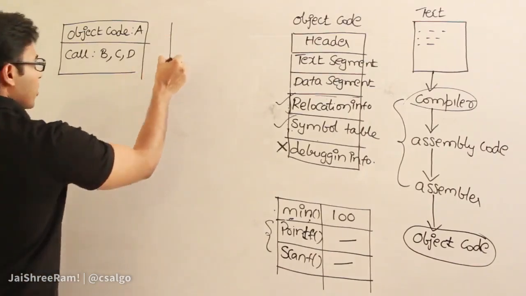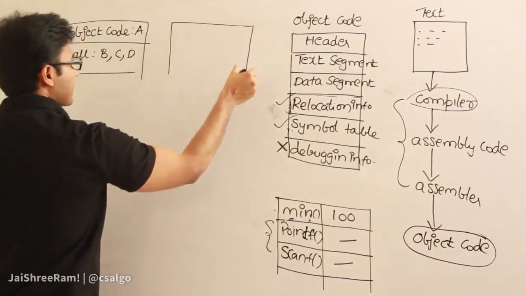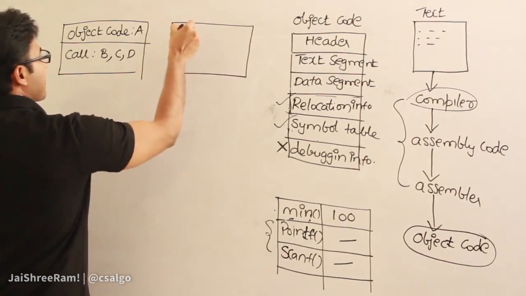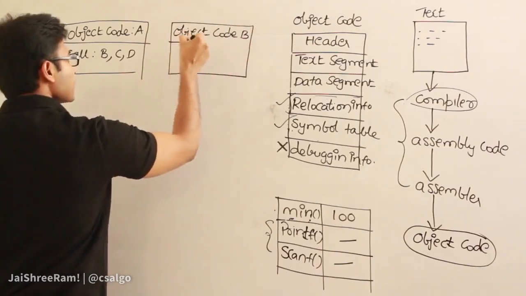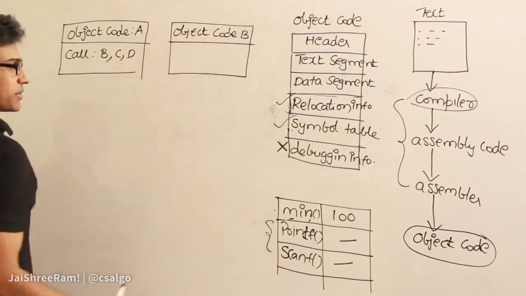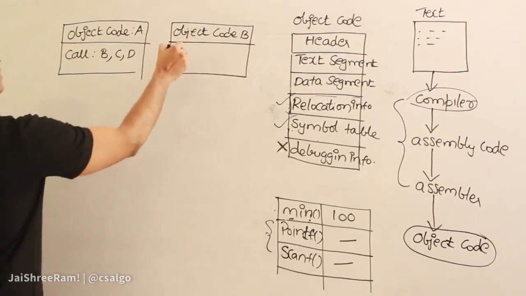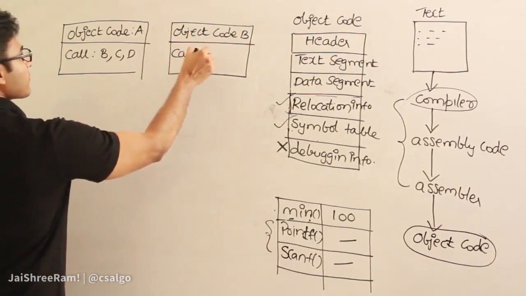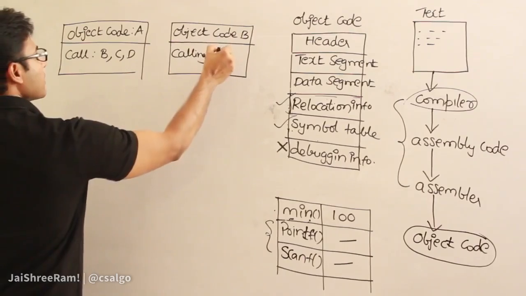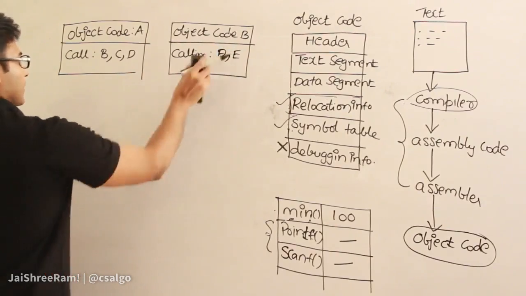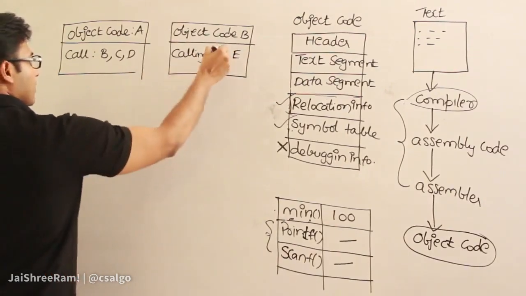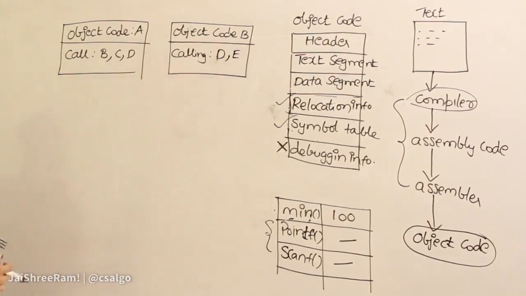And let us say there is some other object code B. This is also some object code like this, right? And let us assume that it is calling D and E, and C, D and E say that they are all system libraries.